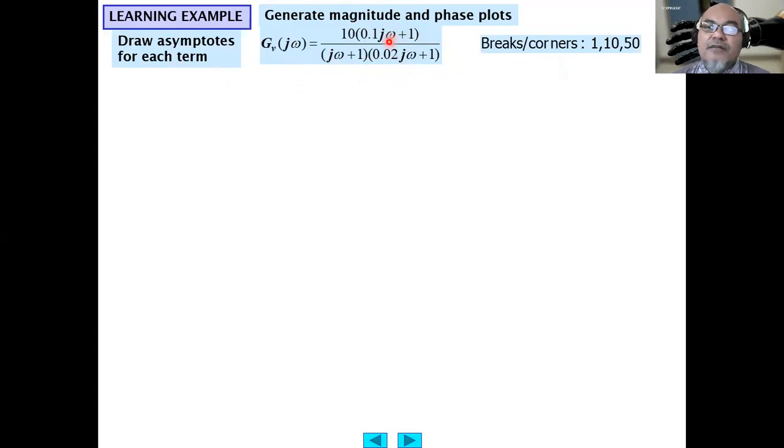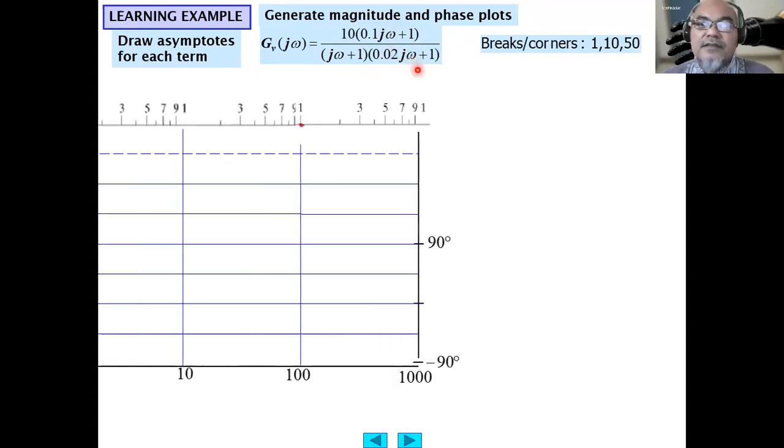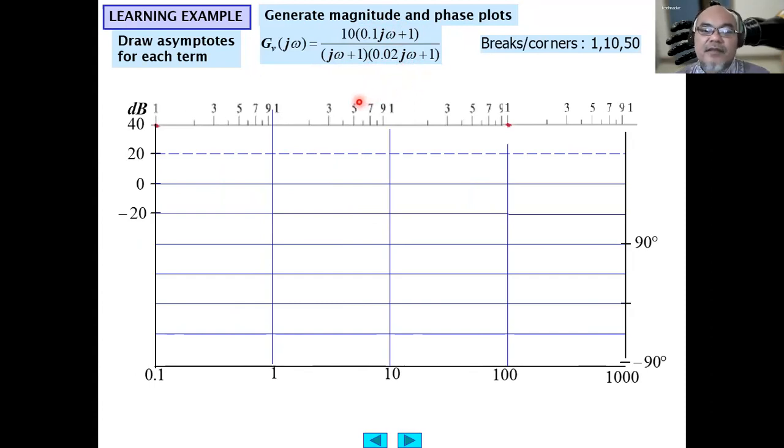So here, the break or the corner will be here at 1. At this one, this is at 10. This is 0.1 plus 10 equals 1. Then here is at 50. Okay, at 50. So then we draw it here.